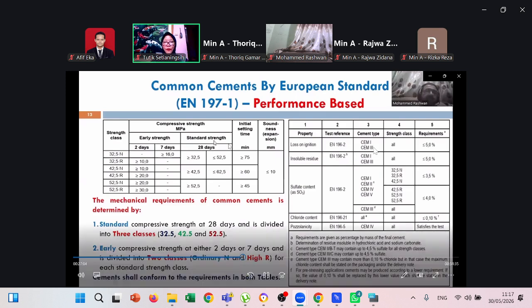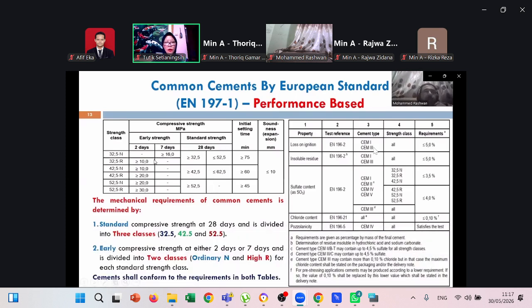The 28-day strength is the standard strength that classifies the cement. 32.5 means 32.5 megapascal, so the cement has a minimum of 32.5 megapascal at 28 days, and the other class, 42.5 megapascal as a minimum and maximum 62.5.